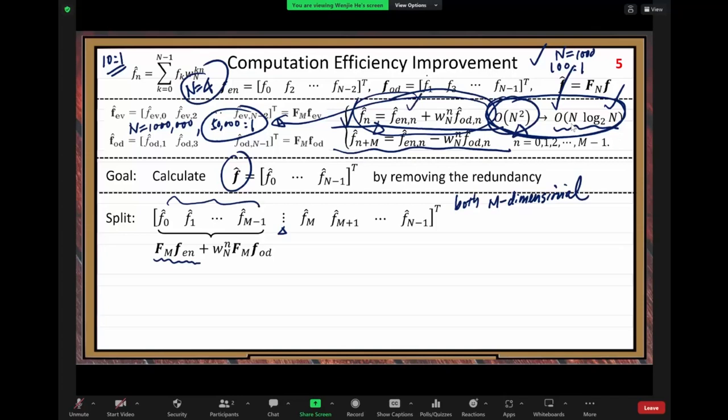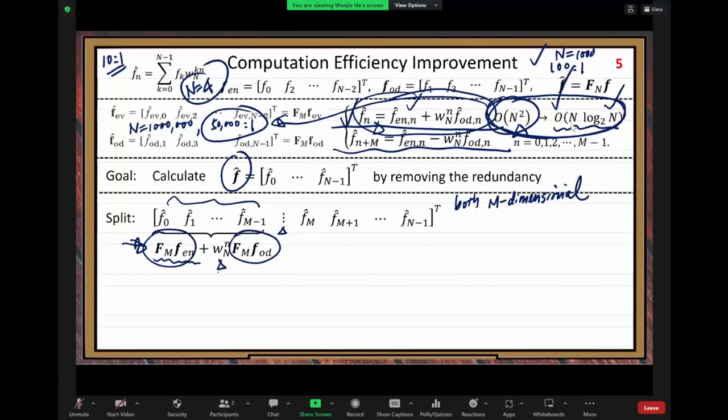And this one from the previous slide, you can see the first parenthesis. Remember, we have two parentheses. The first parenthesis, you can get this one. Then the second parenthesis, you can get this one. Outside the parenthesis, it's this factor.